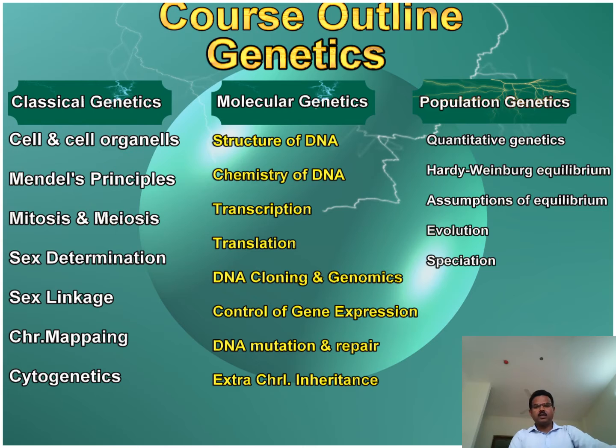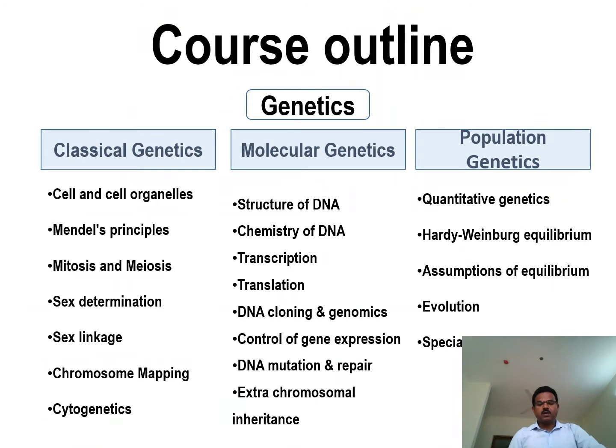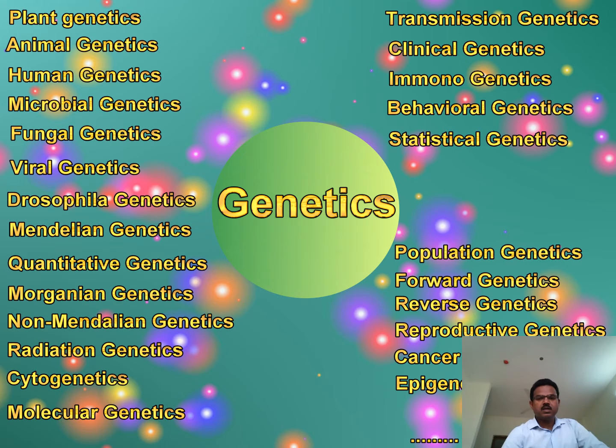Under molecular genetics we will be studying structure of DNA and its chemistry, transcription, translation, DNA cloning, genomics, control of gene expression, DNA mutations and repair, and extra chromosomal inheritance. Under population genetics, we will be studying what is Hardy-Weinberg equilibrium and what are its assumptions, evolution and speciation.